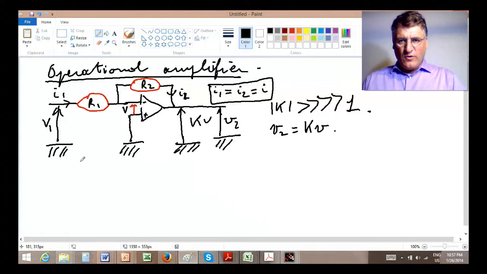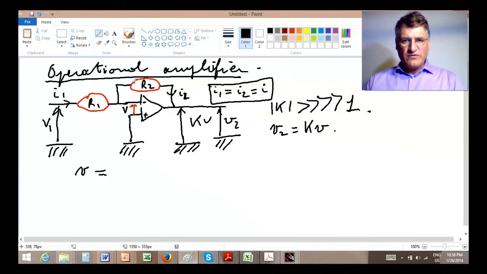To understand the whole system, we need to write the different voltage equations we have here. And one of them is that V, the voltage across the armature here, must be equal to V2 plus the voltage across R2.